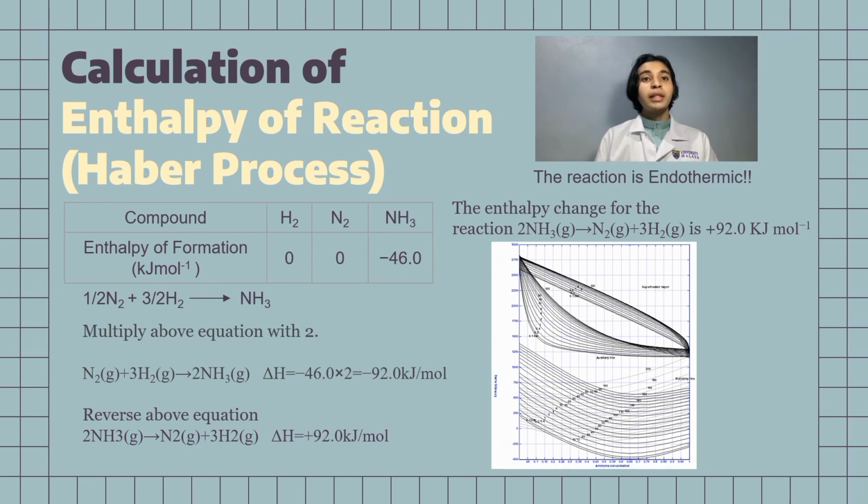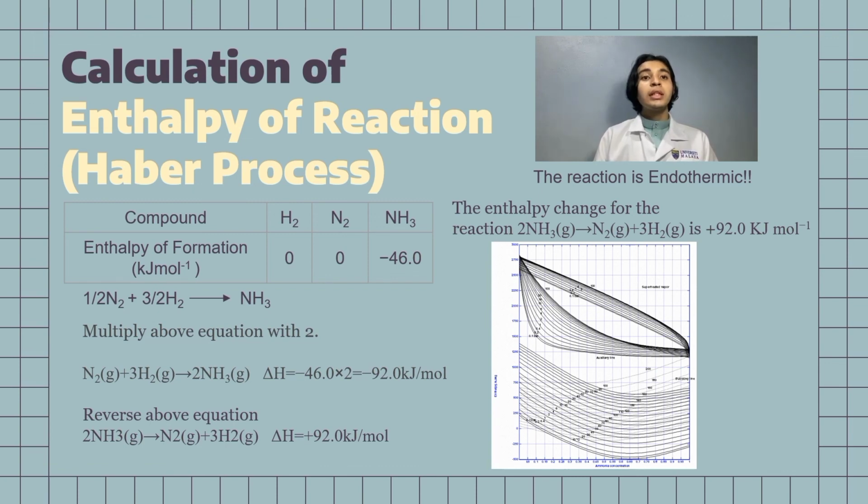And as we multiply the equation by 2, we will get 1 mole of nitrogen reacting with 3 moles of hydrogen, producing 2 moles of ammonia, with the enthalpy of negative 46.0 times 2, and the new enthalpy will be negative 92.0 kJ per mole.